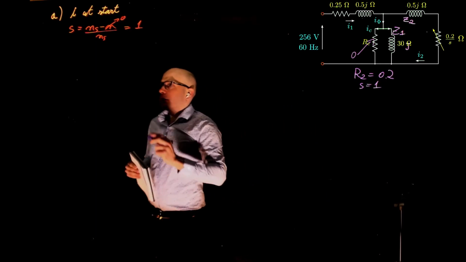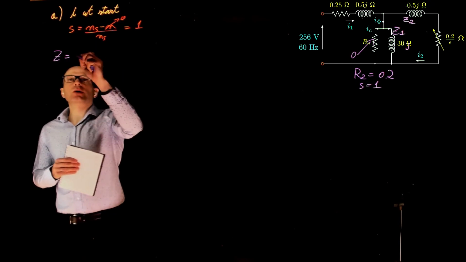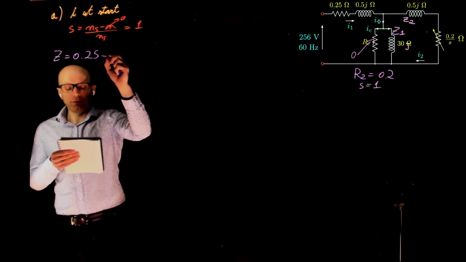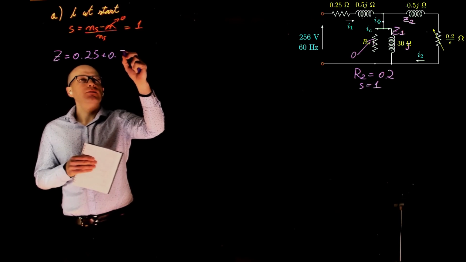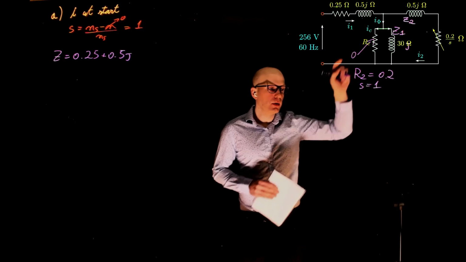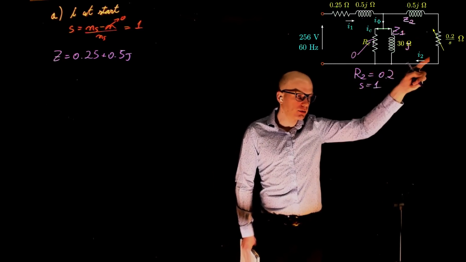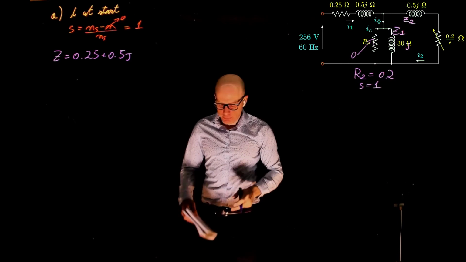So what do you get here? Let's call that the total impedance, which is going to be 0.25 plus 0.5j, these two here, plus the parallel of these two impedances. If we call this Z1 and that Z2, what is the parallel of them?